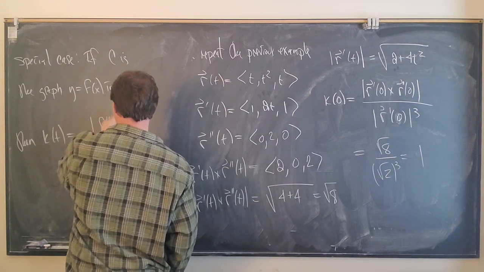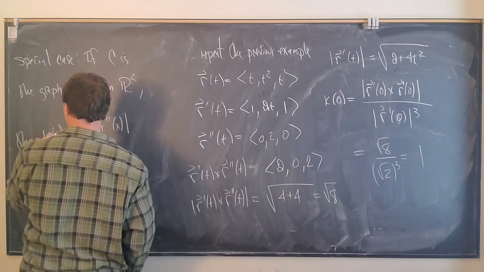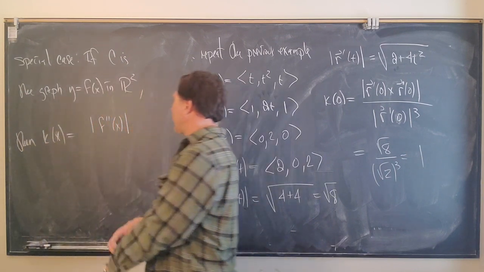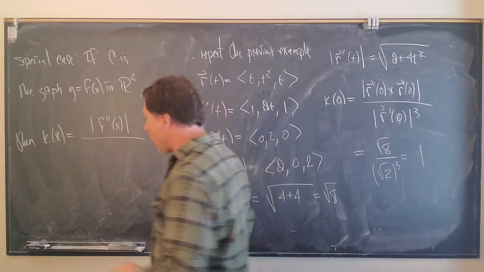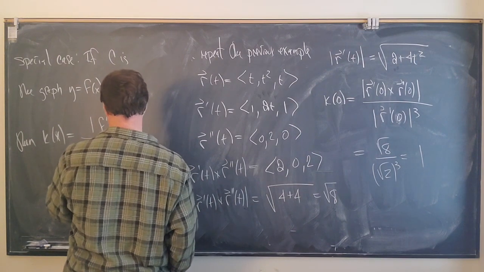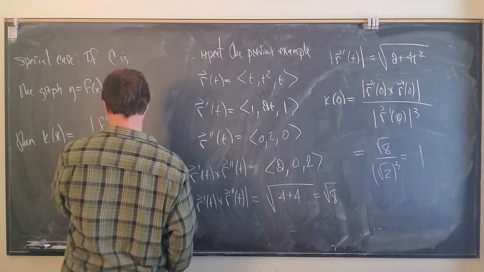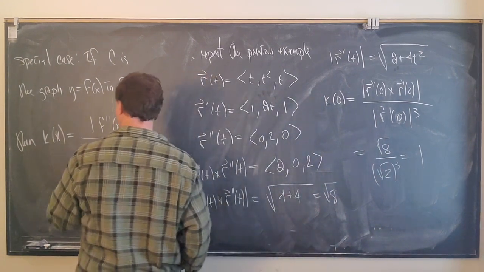I need to say then the curvature at x. So k of x is equal to the absolute value of f double prime of x divided by 1 plus f prime of x squared, all raised to the 3/2.